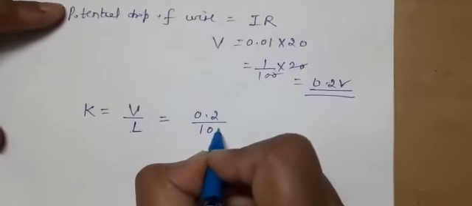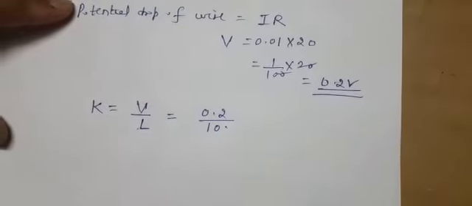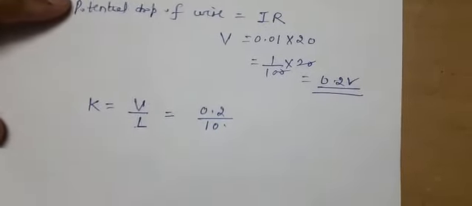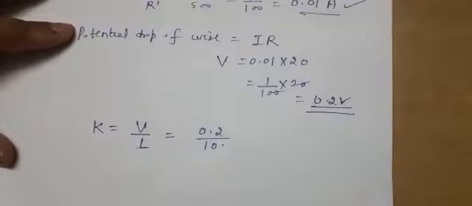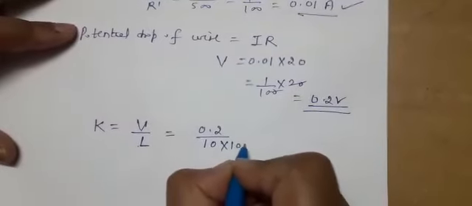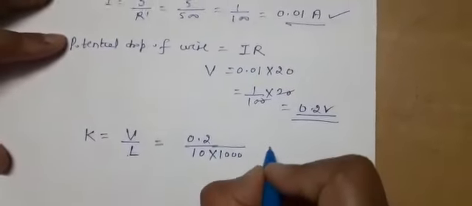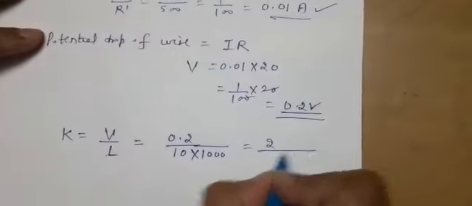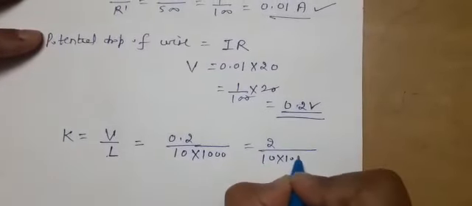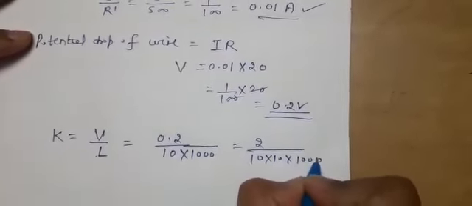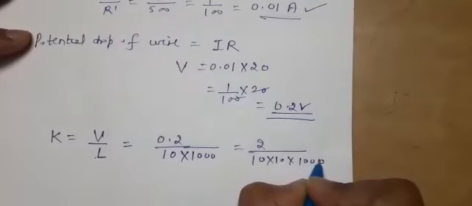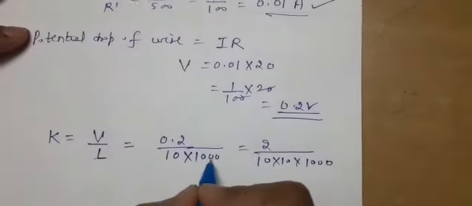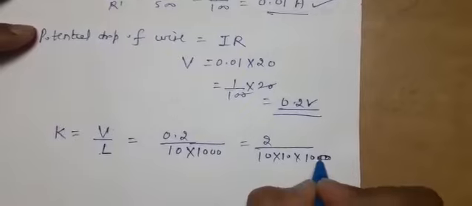Because the balancing length is given in centimeter, that is 600 centimeter, I will do the conversion in centimeter. Now it will be 2 upon 10 into 1000, and again it will be 100.